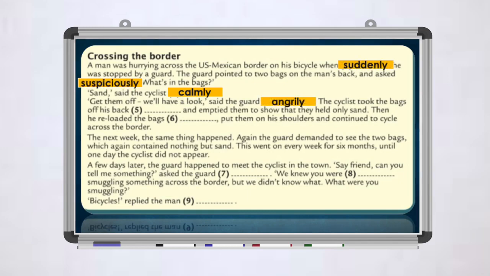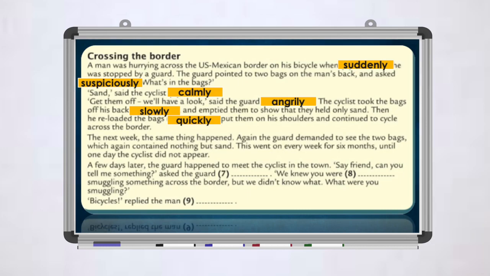The cyclist took the bags off his back slowly and emptied them to show that they held only sand. Then he reloaded the bags. Fill in the gaps. Find the word. Quickly, put them on his shoulders, and continued to cycle across the border.